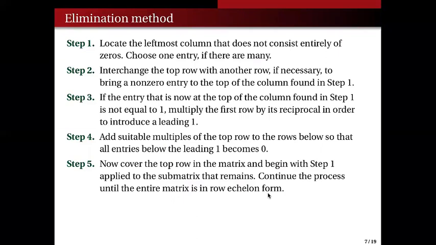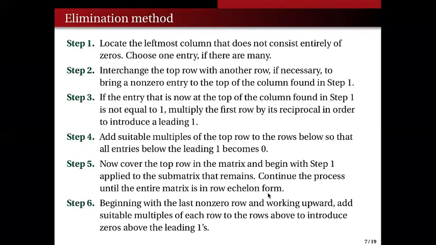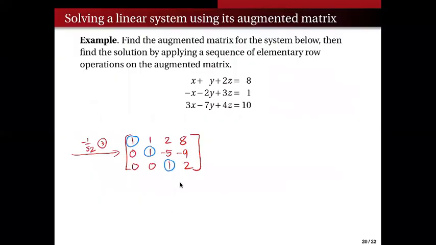Now, let's look at step 6. Beginning with the last non-zero row and working upwards, add suitable multiples of each row to the rows above to introduce 0 above the leading ones. So what does that mean?